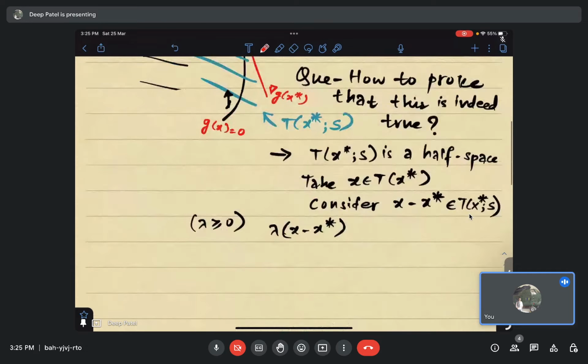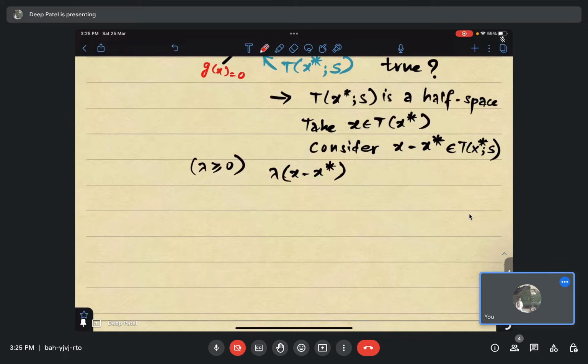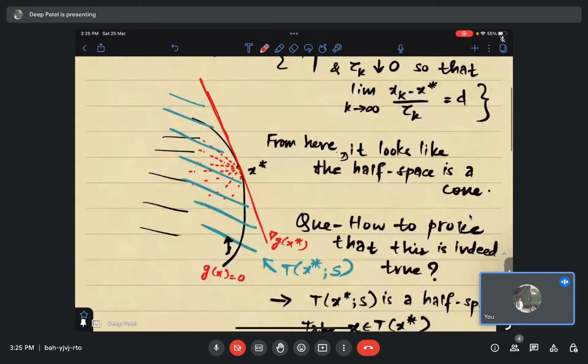So what can we say? So the half space is such that d transpose this gradient. Okay, let's be a bit careful.